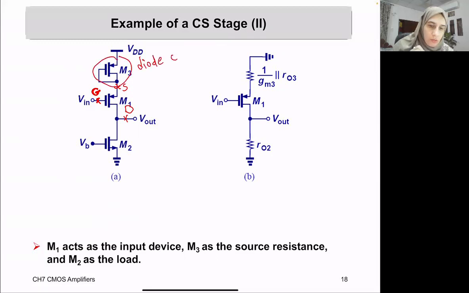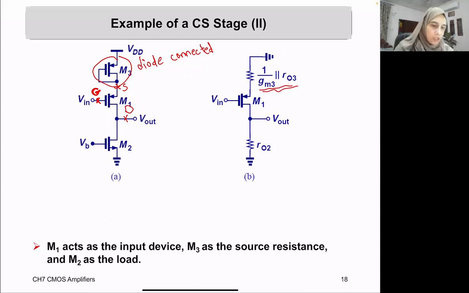Why diode connected? Again, because the gate and the drain are shorted with each other. And we discussed that the transistor in this connection has an impedance equal to 1 over GM3 in parallel with the R out 3, similar to looking from the source side of the transistor.